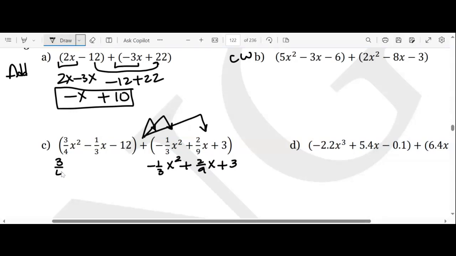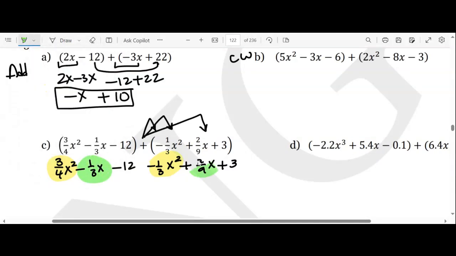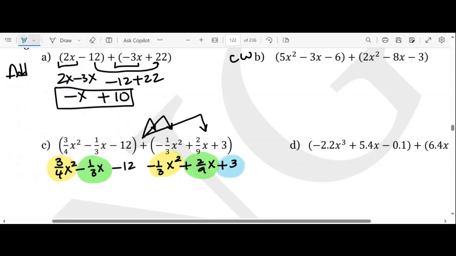And I have 3 over 4 x squared minus 1 over 3x minus 12. I'll combine the like terms, right? What's the like terms? Let me put it in colors, okay? Okay.